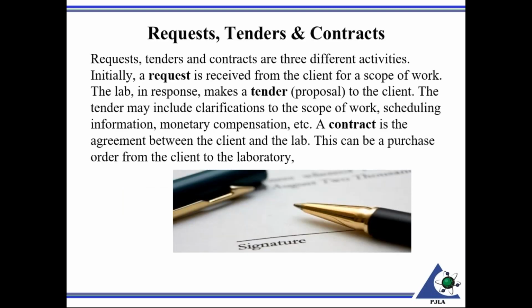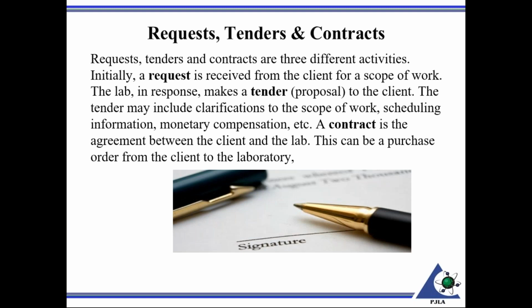So, review of requests, tenders, and contracts. Looking at the title, we have three separate items specified there: requests, tenders, and contracts. Breaking it down a little bit, a request is received by your laboratory from your client for a scope of work.